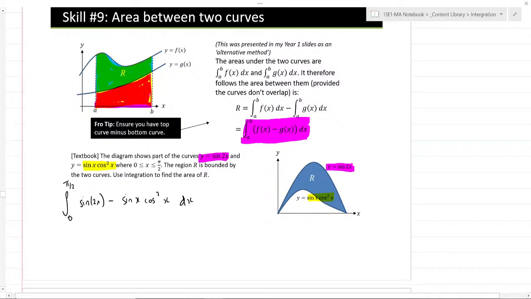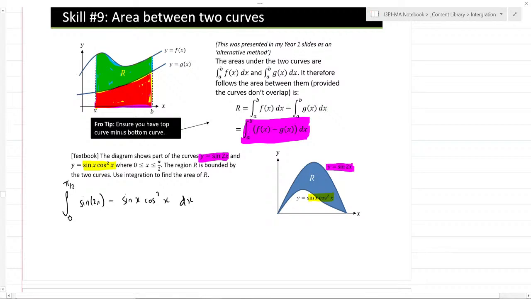While I've got that, I might as well just leave it like this and do it. There's two things I need to deal with here. The reason I may have split them up is because you can actually use the substitution of cos x, that one on the right, if you wanted to. If you substitute cos x in, it becomes easier. However, if I'm doing it this way, I need to use inspection.